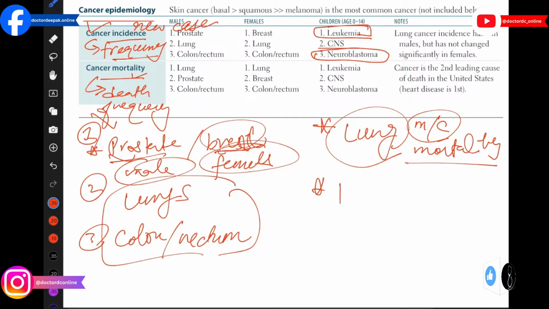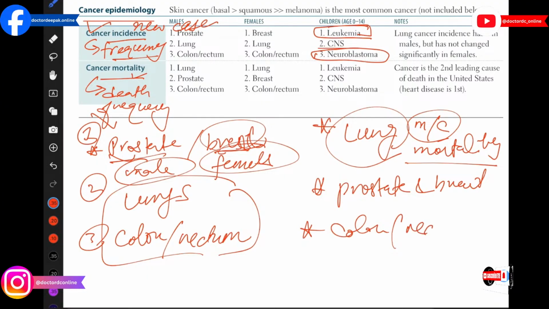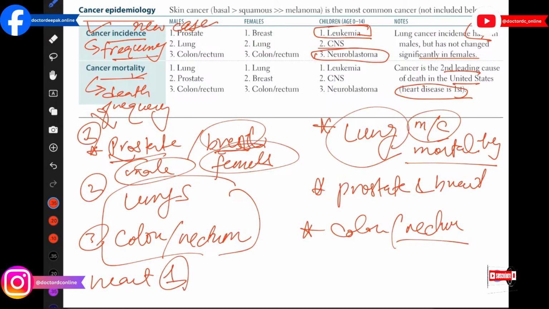The second is prostate and breast, and third is colon and rectum. Lung cancer incidence has decreased in males but has not changed significantly in females. Cancer is the second leading cause of death in the United States, and heart disease is the first. Of all diseases, heart disease is the first leading cause in the USA, and cancers are second.